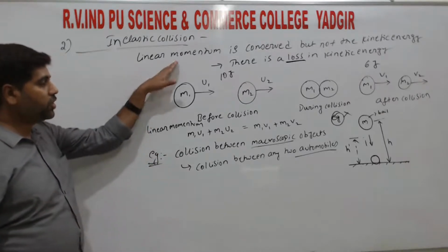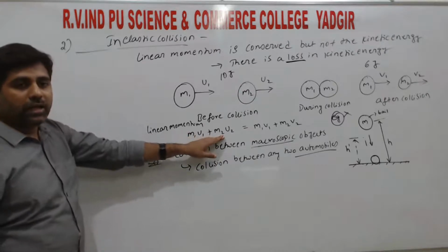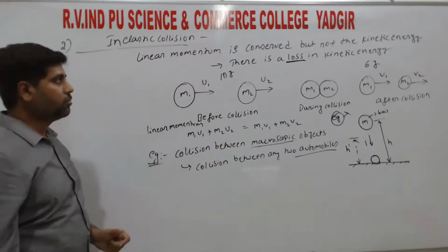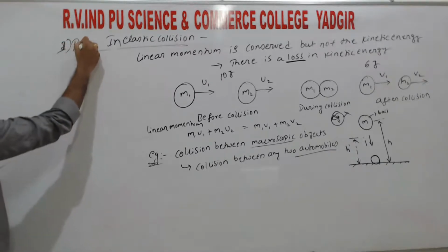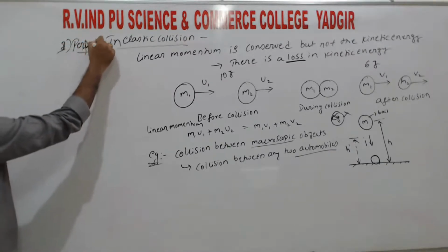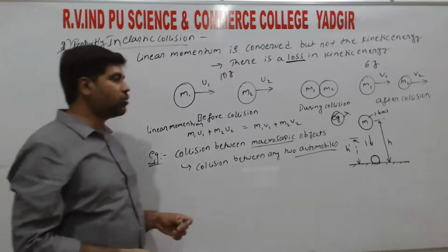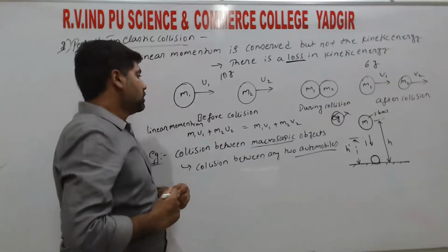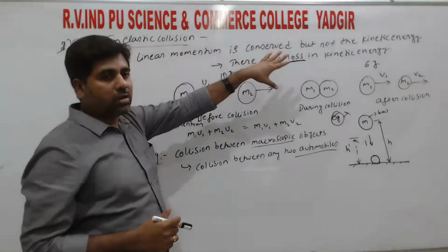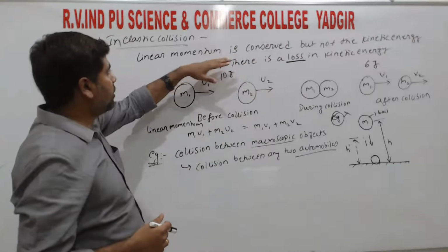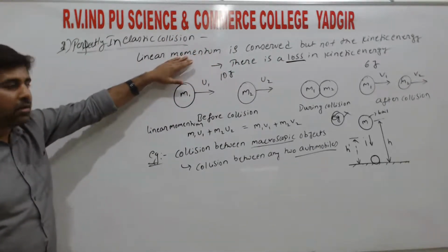So again, definition, next example. The only condition is that linear momentum is conserved. The last, third one is perfectly inelastic collision. Here also linear momentum is conserved but not the kinetic energy. So inelastic and perfectly inelastic have the same two conditions, right?